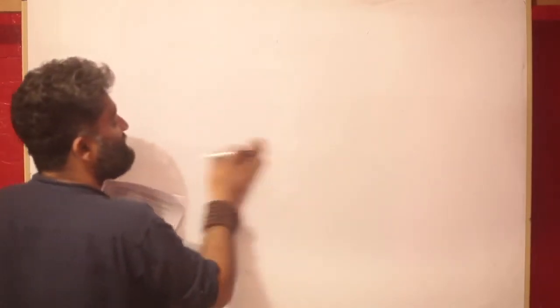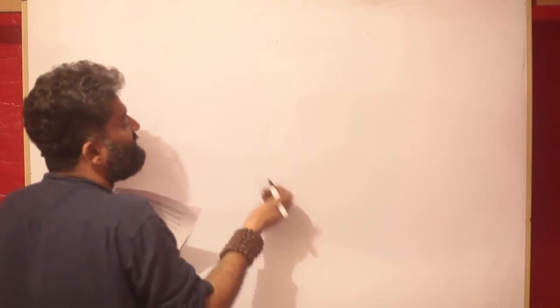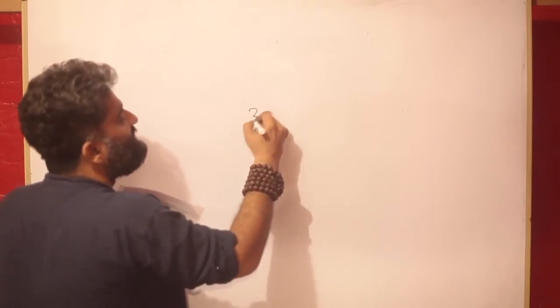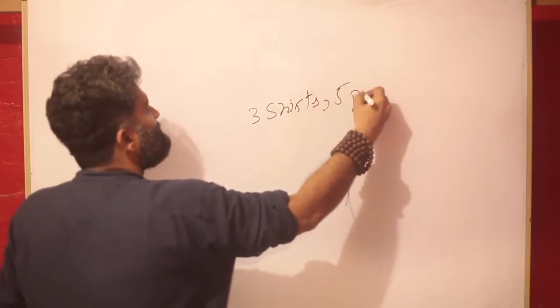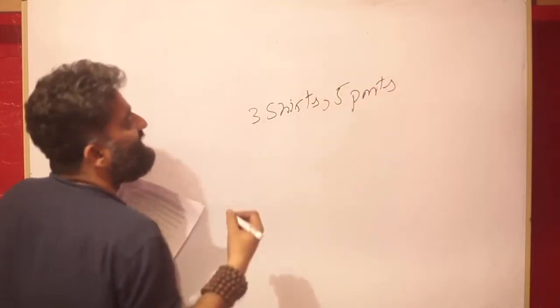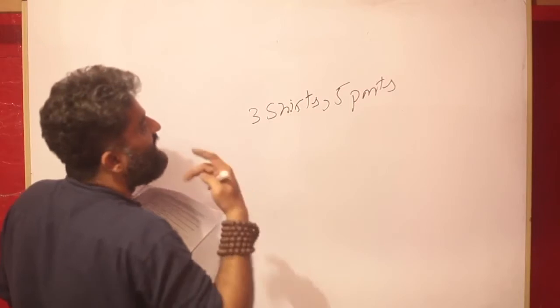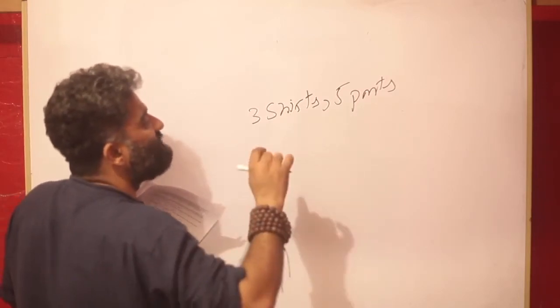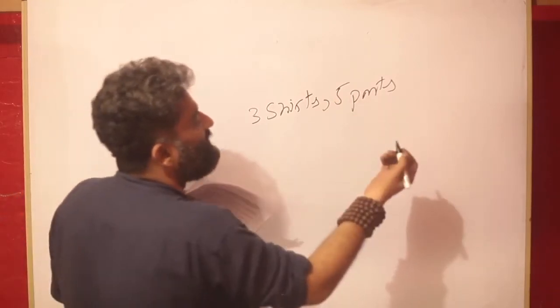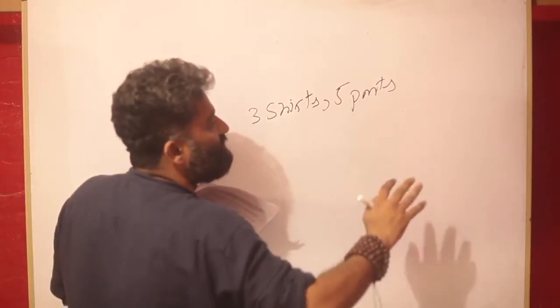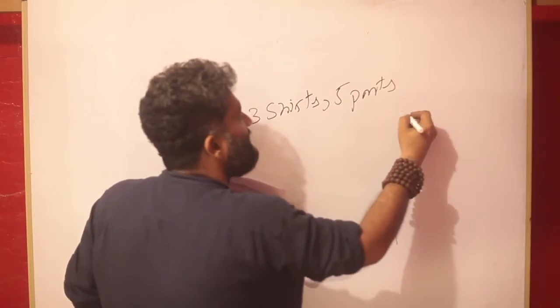Another quick example, just to elaborate the idea further. Let's say you have 3 shirts and 5 pants. How many ways can you dress? The basic idea is that dressing involves a shirt and a pant. So if I say, show me how you will dress, you might set up a table like this.